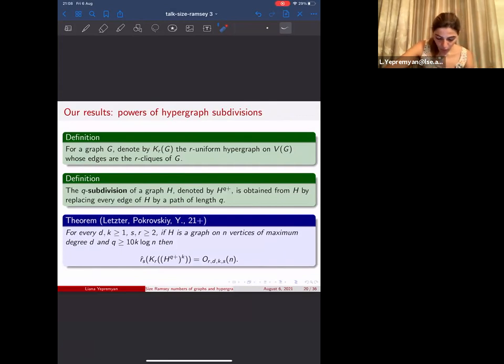For subdivisions, what we prove is that if H is a graph on n vertices and of maximum degree D, and q is at least logarithmic in n, then if I take the q-subdivision of H, take its k-th power, and then take all the r-cliques of this graph and think of them as edges in a hypergraph, such a hypergraph also has linear size Ramsey number.